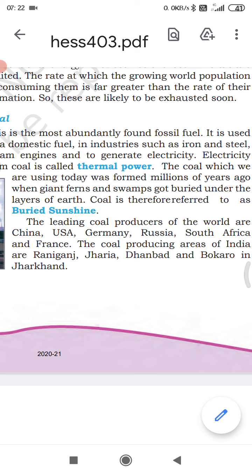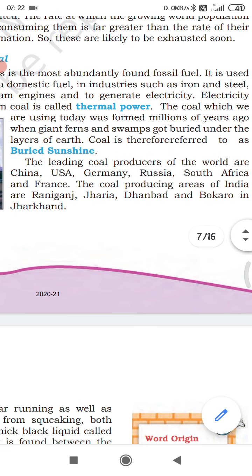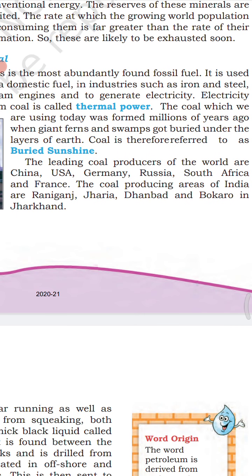So coal, because it is buried under the earth's surface, is called buried sunshine. Why is it called sunshine? Because it is of great use in industries and in day-to-day life also. So it is called buried sunshine.